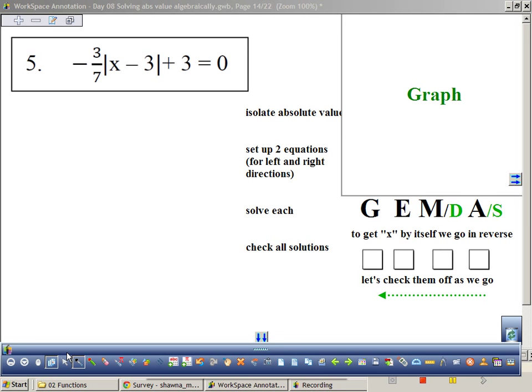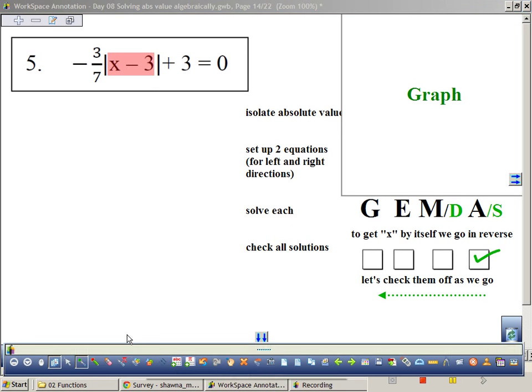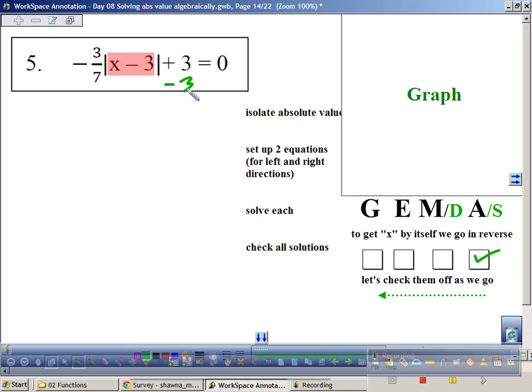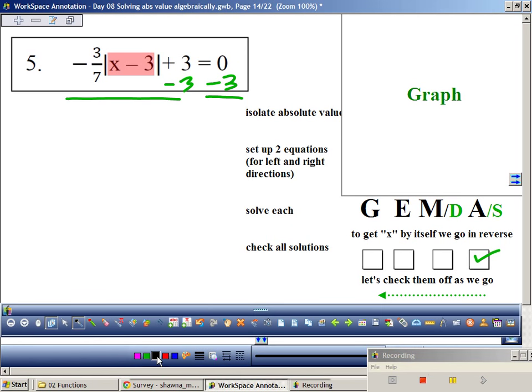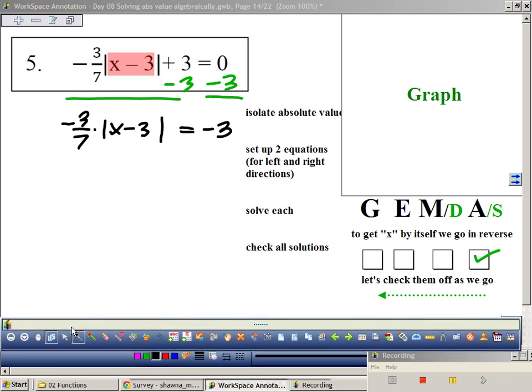If I'm trying to solve this algebraically, the first thing I need to do is get rid of any addition and subtraction, because this is on lockdown until it's by itself, isolated. So I'm going to subtract 3 from both sides, and I'm going to get negative 3/7 times the absolute value of x minus 3 equals negative 3.